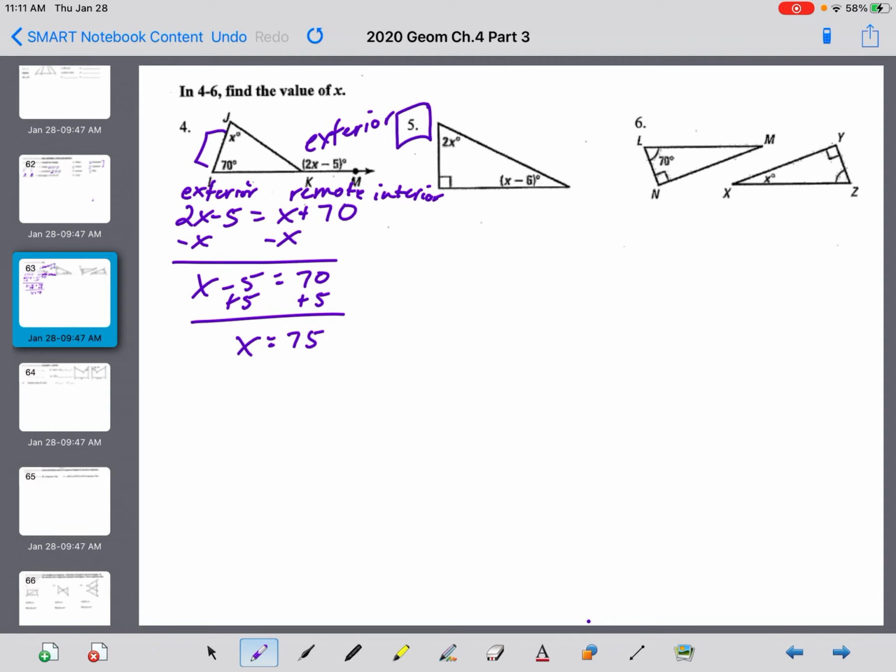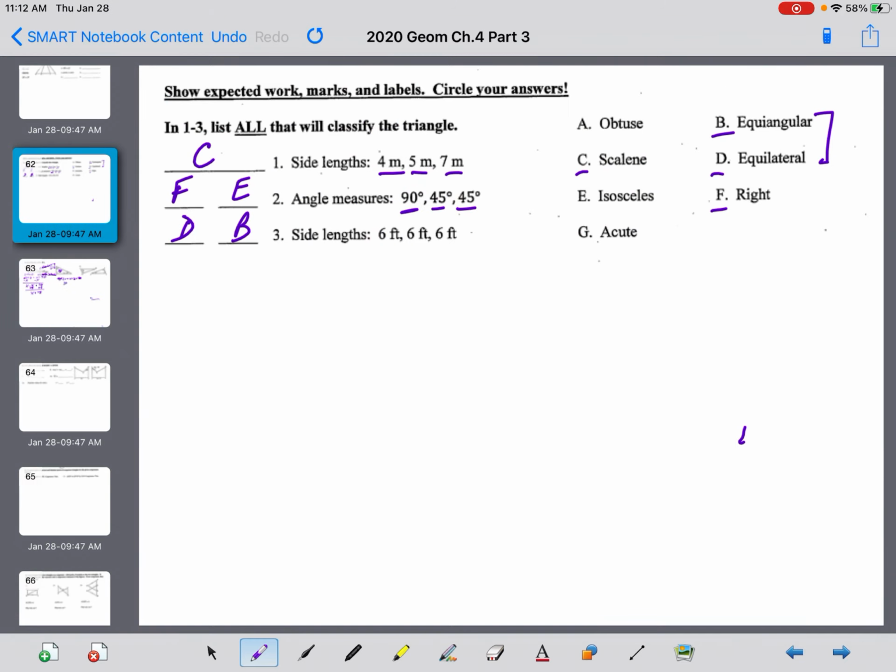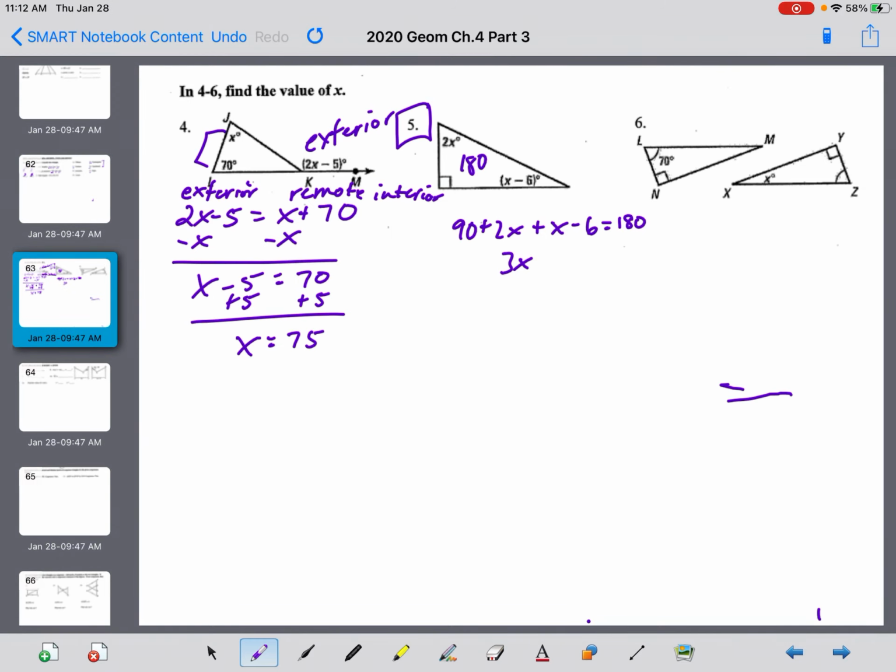All right, number 5. It's going to use the interior angles of a triangle that add up to 180. So we have 90 plus 2x plus x minus 6 equals 180. That could be your setup there. We're going to combine like terms, 90 minus 6 and 2x plus x. The x's are going to combine to 3x, and the 90 and the negative 6 are going to combine to 84.